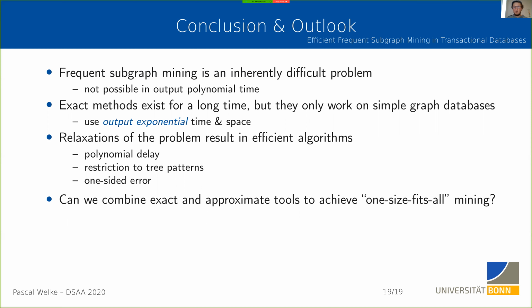That this should be possible, I think. As a more theoretical question, a more general question is, can we basically use the insights that we have for the inexact efficient frequent tree mining to find patterns that are more general and contain some cycles, for example?